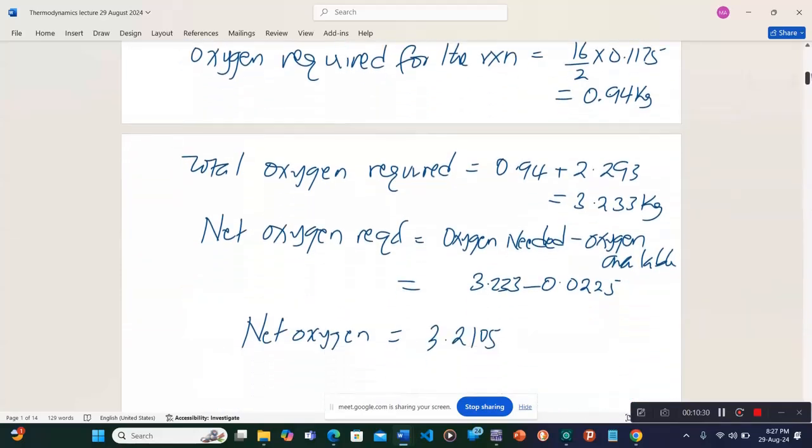I mean 3.233 minus 0.0225. So I get this value.